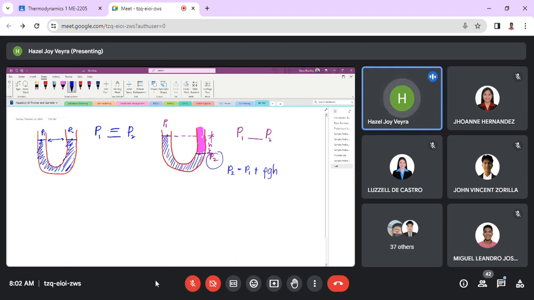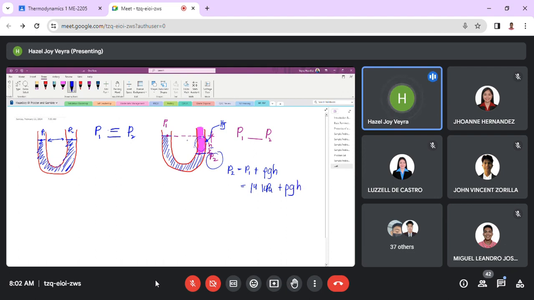So for example, this is mercury. So your P2 will be P1, for example, you're given 14 kPa, plus the rho of the fluid in this part, plus gravity, and then the height.